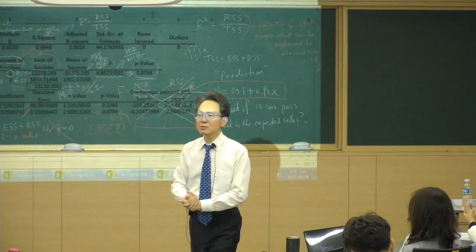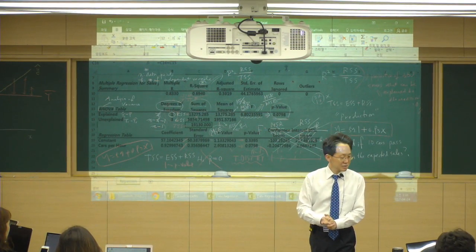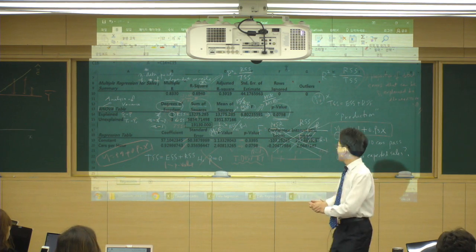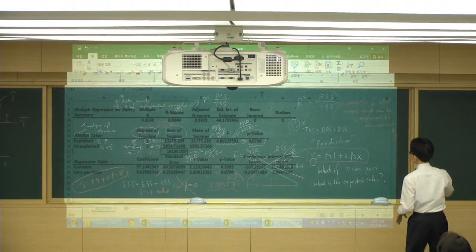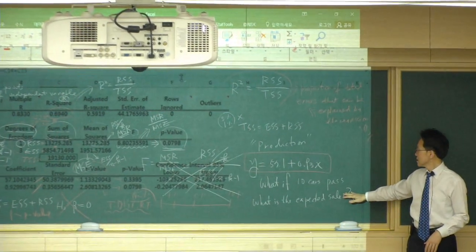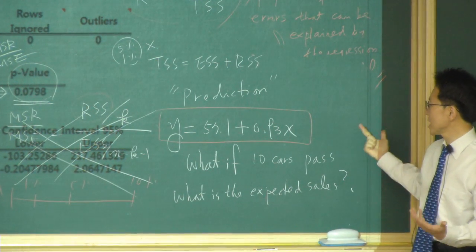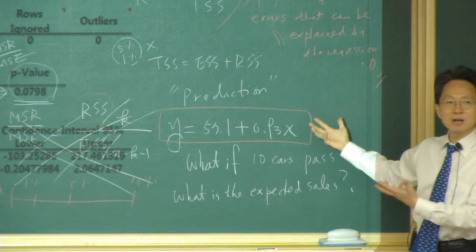How can I answer the question? Sumi, how can I answer this question? Can you answer this question? This is the regression line, and my question is, okay, that's good, I have a good relationship.